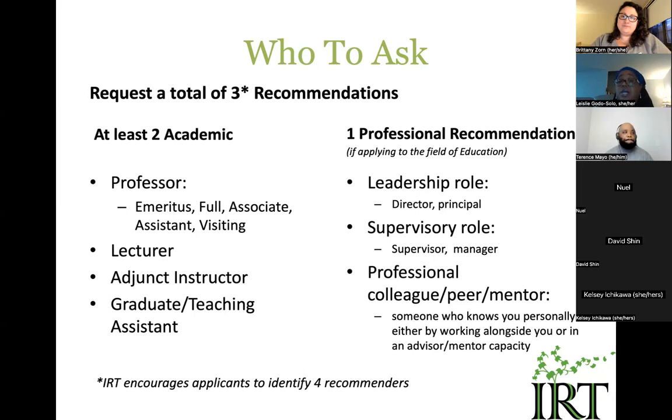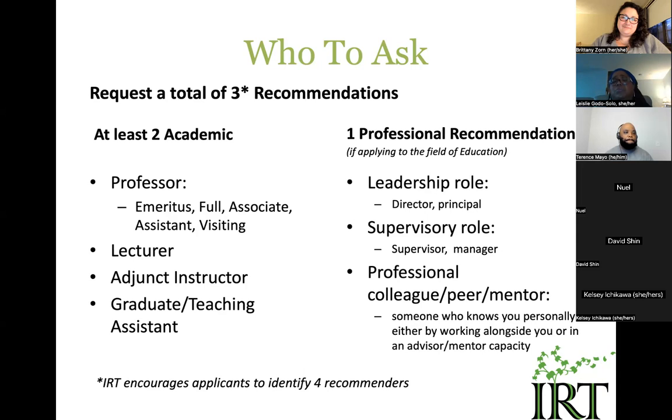That means they should come from a professor who is emeritus, meaning kind of retired, a full professor, associate professor, assistant, visiting. These are in order, from the best person to ask to the least.